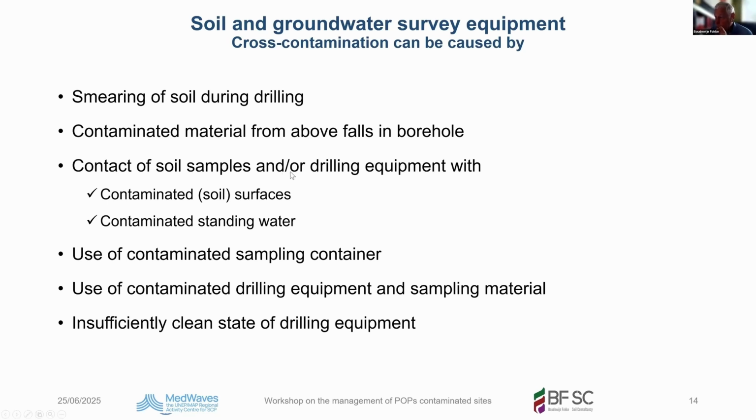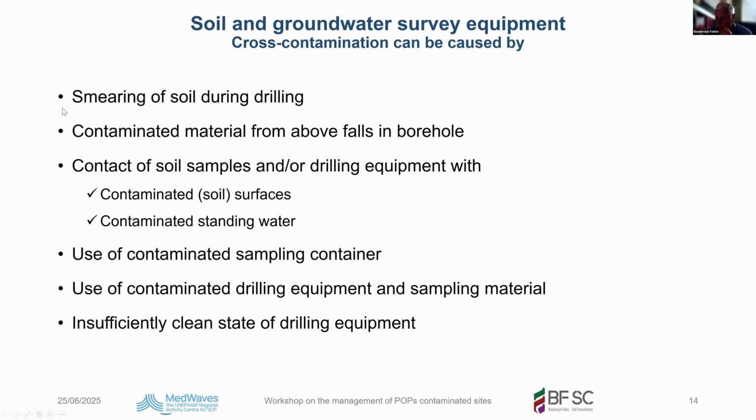Contact of the soil sample or drilling equipment with contaminated soil surface and contaminated standing water. So your sampling equipment comes into contact with contaminated soil before you take the soil sample, or with standing water. You just put your equipment on the soil and there's standing water which is contaminated, so it gets contaminated.